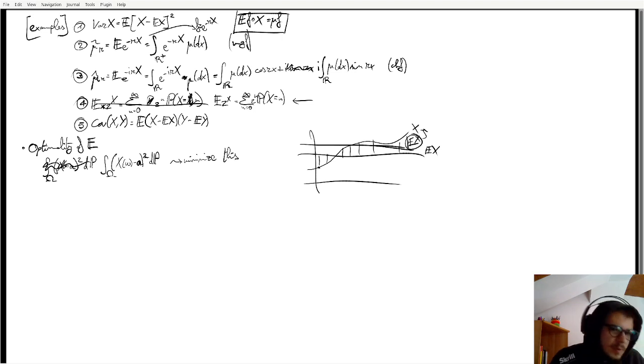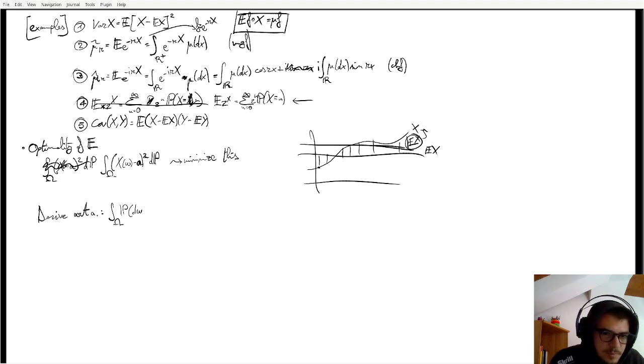So if we derive with respect to a, what do we have? This is written this way here in the notes.